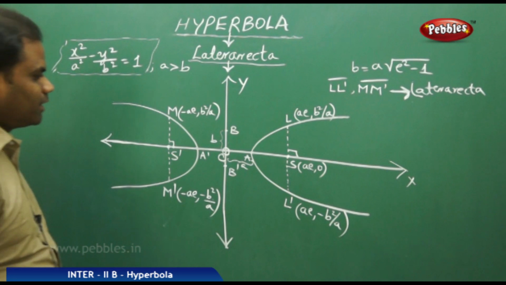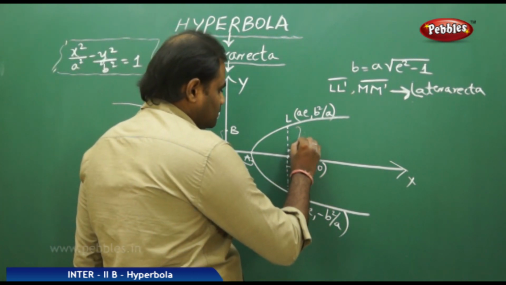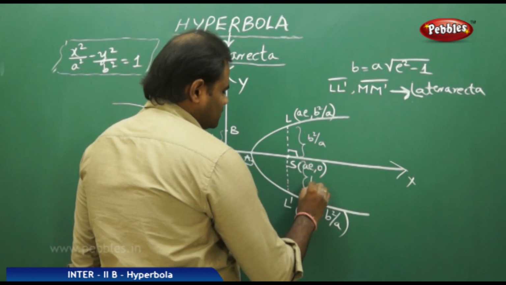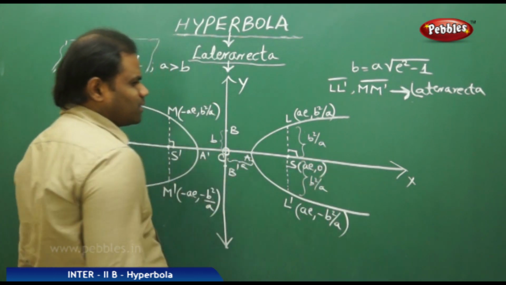Clearly, this length is the y-coordinate, that is b squared by a, and this length is also the y-coordinate, which is b squared by a.